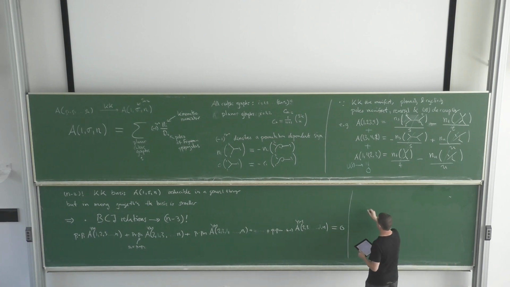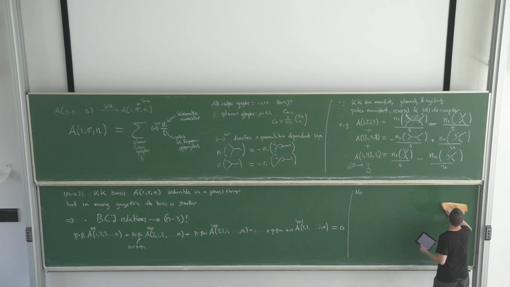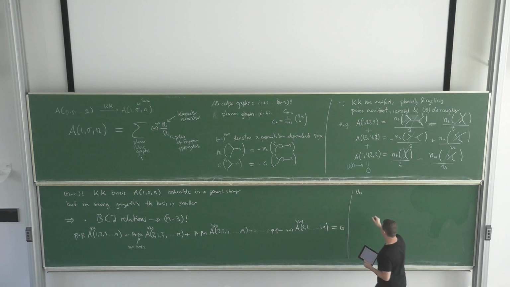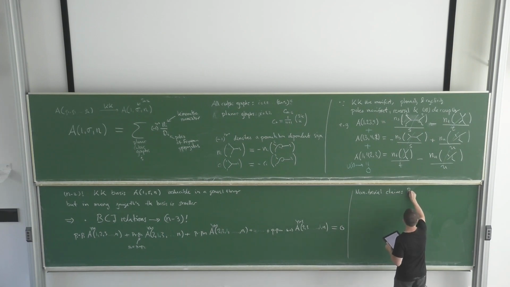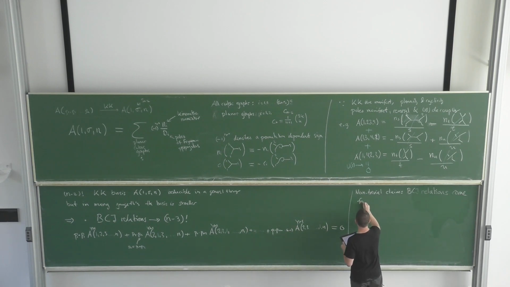So the non-trivial claim here is that the BCJ relations come from what we call color-kinematics duality.